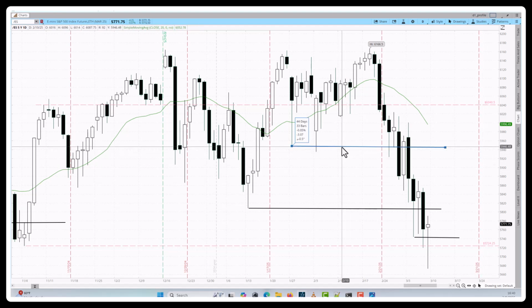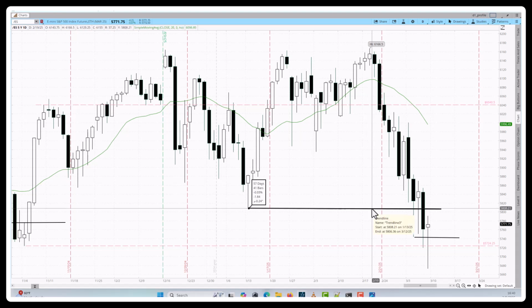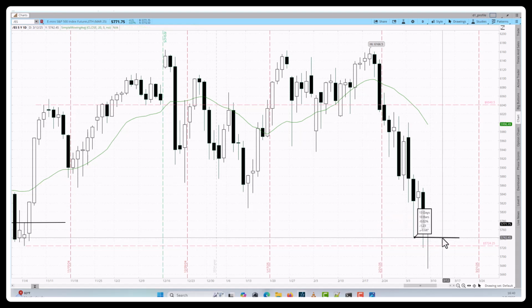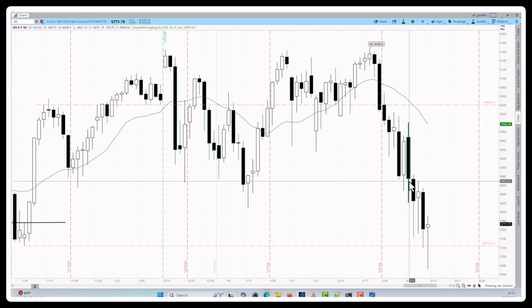Let's remove this. Alright, very interesting to see. You see that's the weekly candle formation right there. Let's mark right here and then right here so we can see.